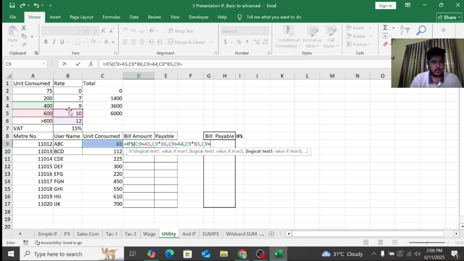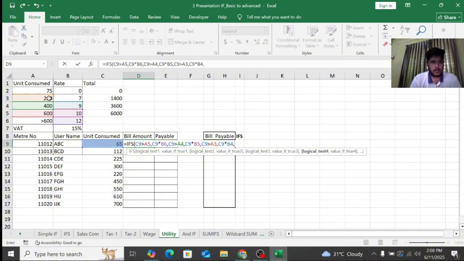Okay, $10. If our unit consumed is greater than 200, then our unit consumed will be multiplied by 9 taka.